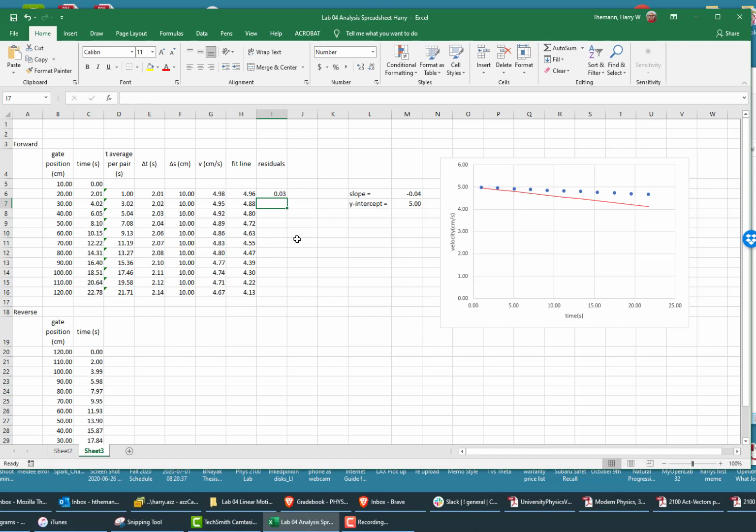So if they're positive, they're above the line, and if they're negative, they're below the line. So at this point, all the blue dots are above. And again, they're pretty much a straight line, but see now the residuals all become negative.